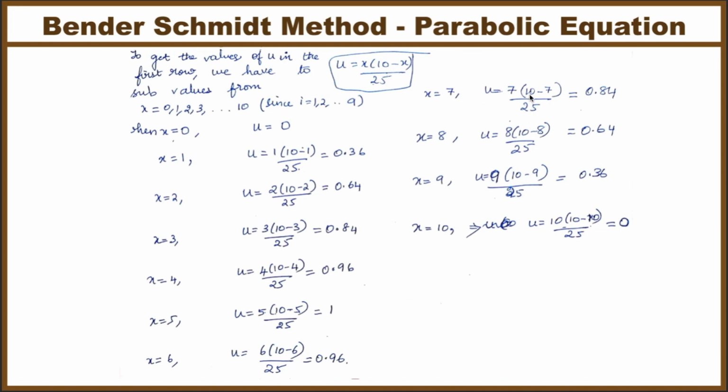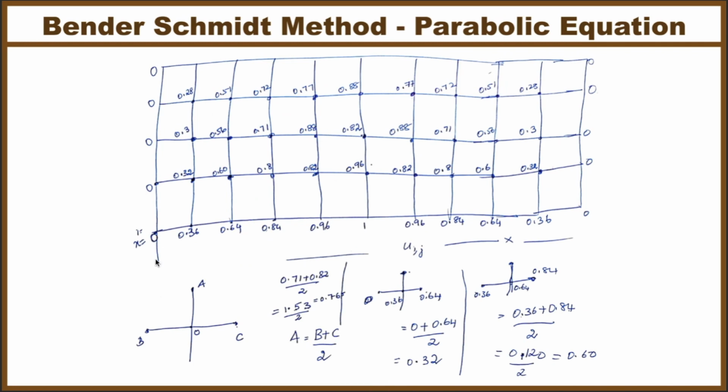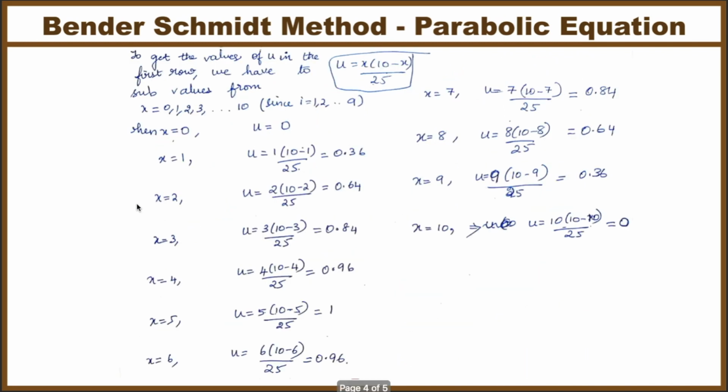So we found the values from x is equal to 0 to x is equal to 10, that is i is equal to 1 to 9. So now next, whatever answers we get from here to here, we write all the answers in the first row.